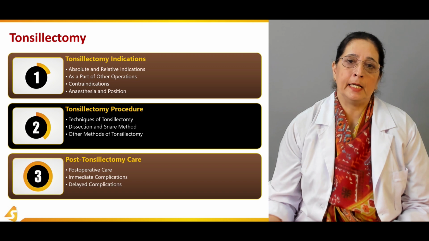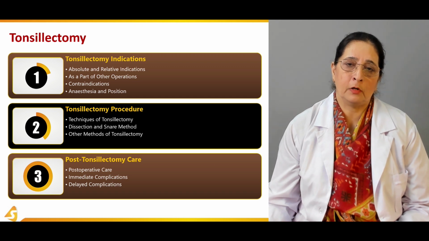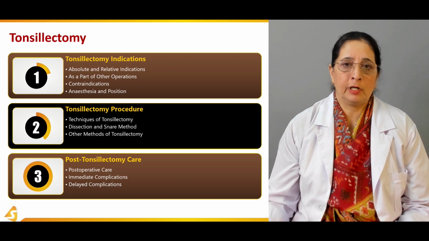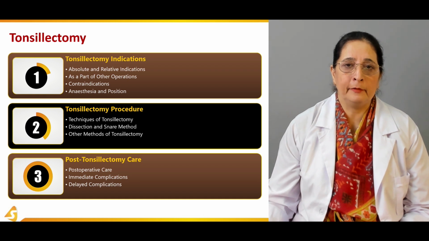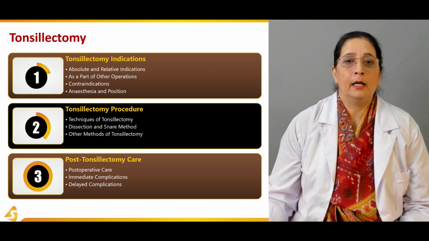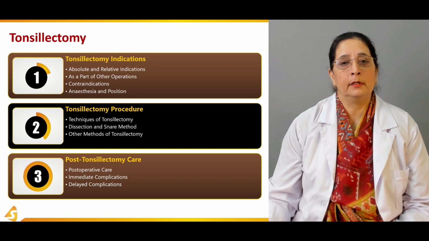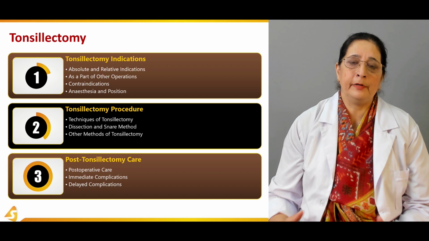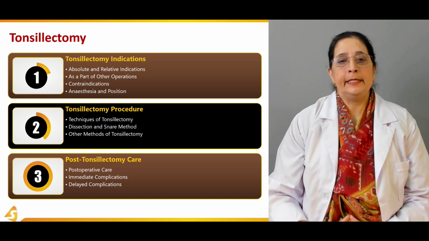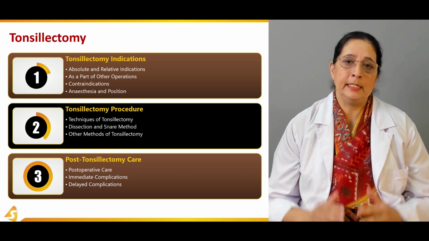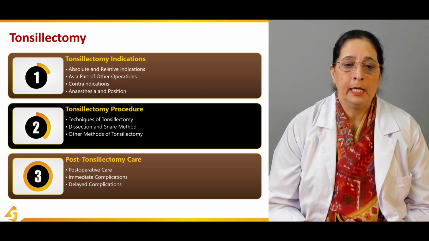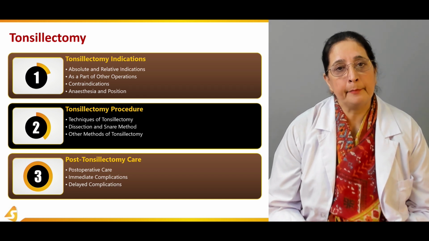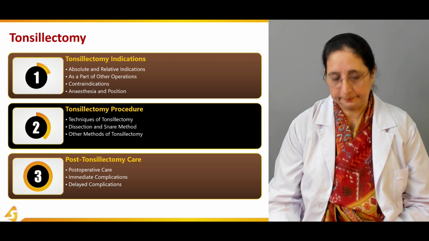Besides that, some other methods of tonsillectomy like intracapsular removal, then the laser method of removal, then the cryosurgery method. Different electrocautery techniques can be used, but in detail we will talk about the dissection and snare method of tonsillectomy.